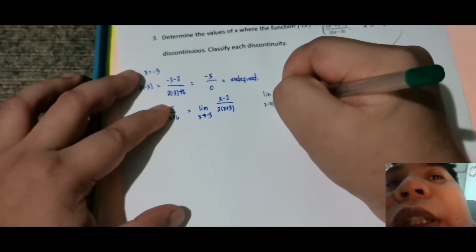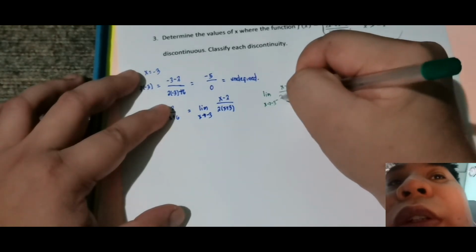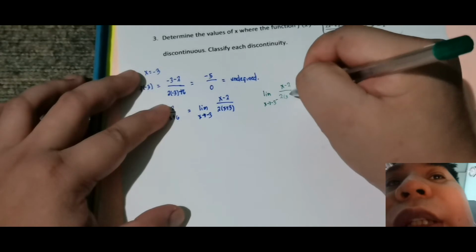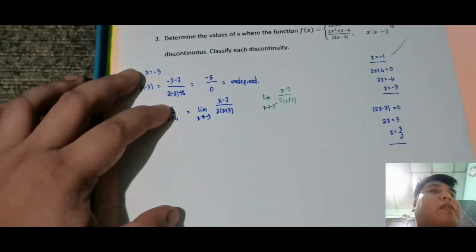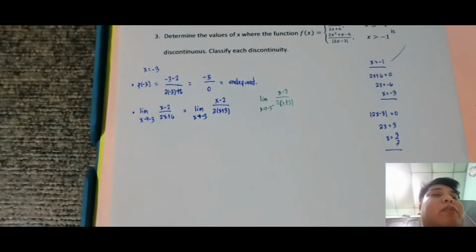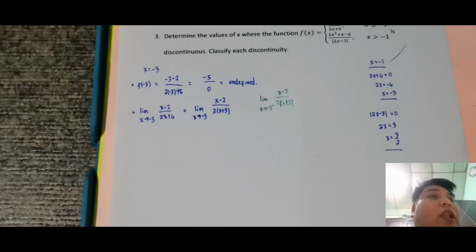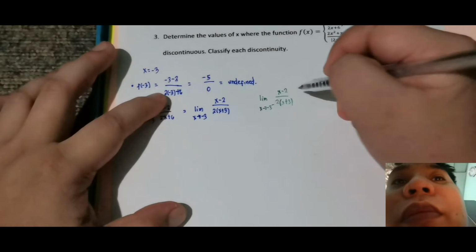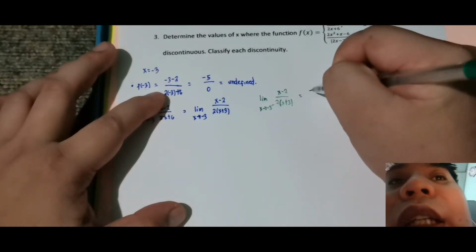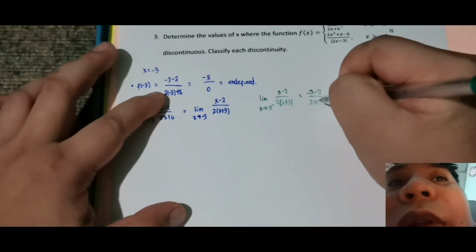So x approaches negative 3 from the left ng x minus 2 over 2 times x plus 3. Okay, so sorry malabo, hindi pala malinaw pag green. Kung papansin mo, negative 3 from the left, so somewhere na dito, negative 3.001, tama? So sa taas ipapalit ko lang si negative 3 minus 2 over 2 times 0 from the left.